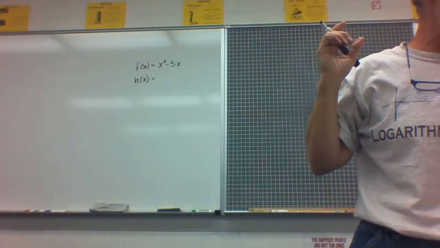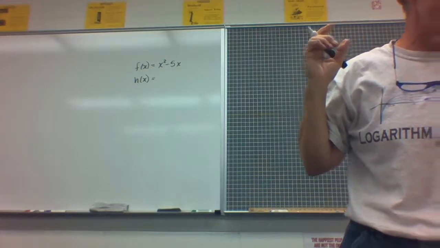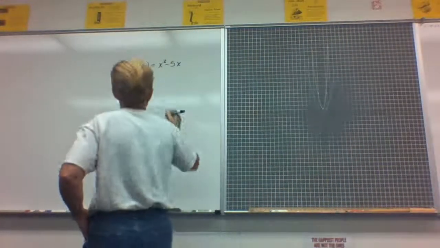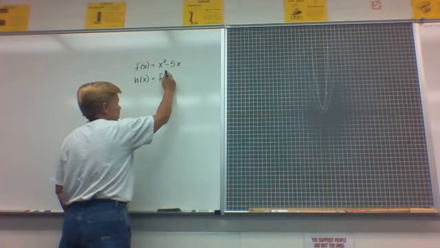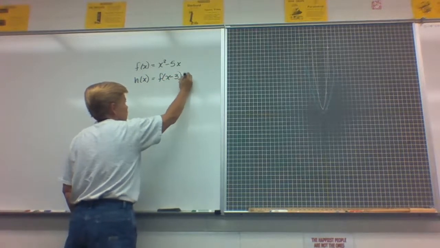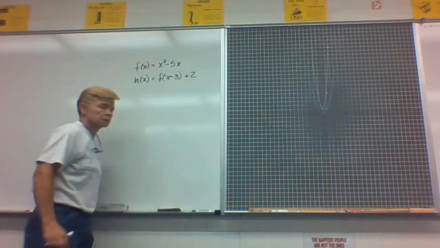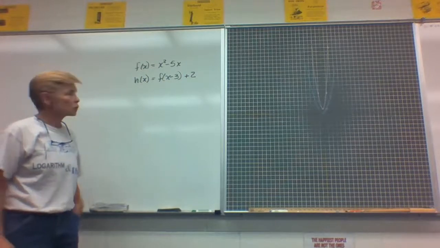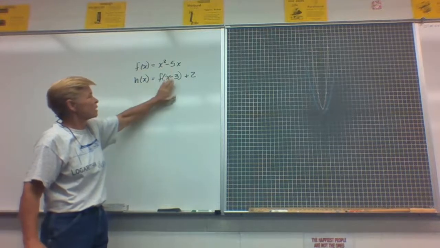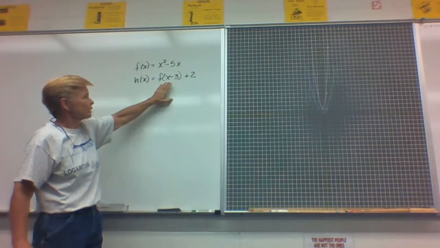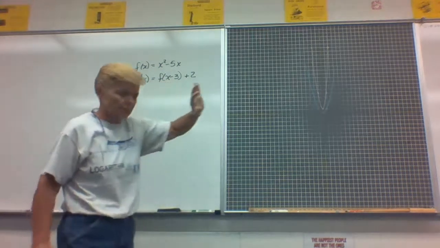It's going to be 3 units right, 2 units up, meaning it's going to be f in a general way, 3 units right, 2 units up. Okay, so we make that general to f. We've not approached this thingy at all yet. We're just going to do this right here. That's all we're doing to that right there.